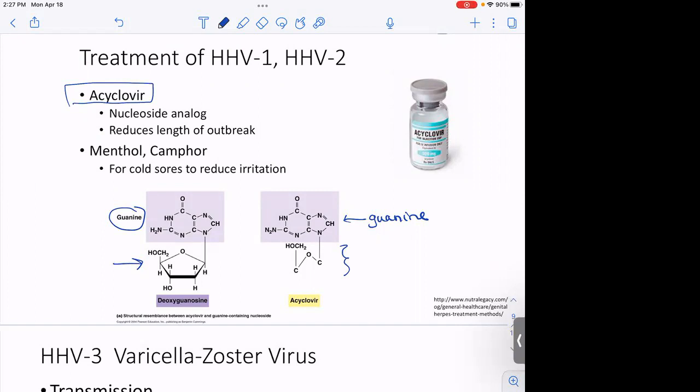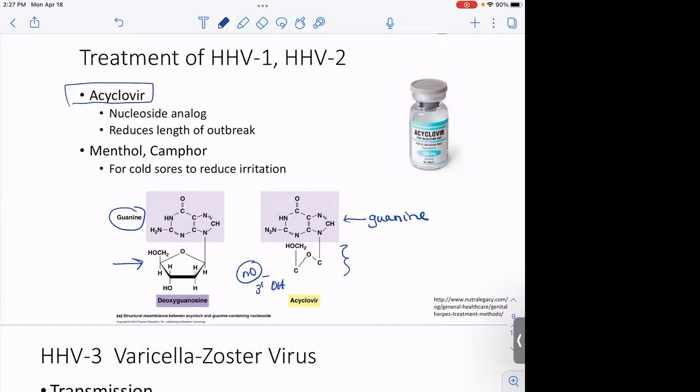But then of course, this is going to terminate the chain. There's no 3' hydroxyl group, so there's nothing for the next nucleoside to attach to. So that's going to halt replication of that viral DNA.